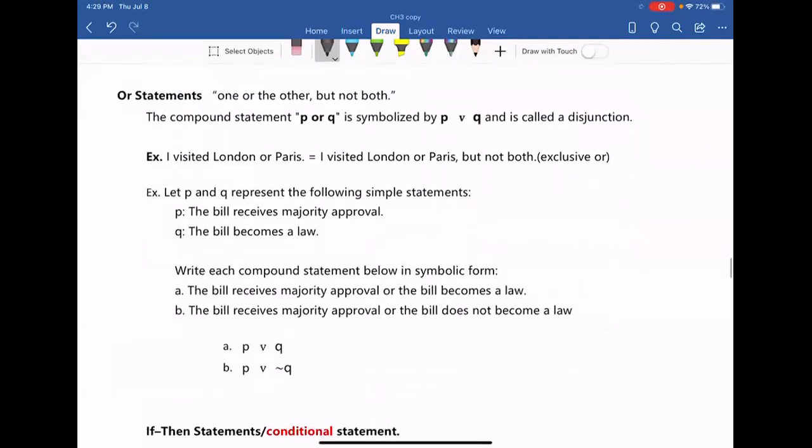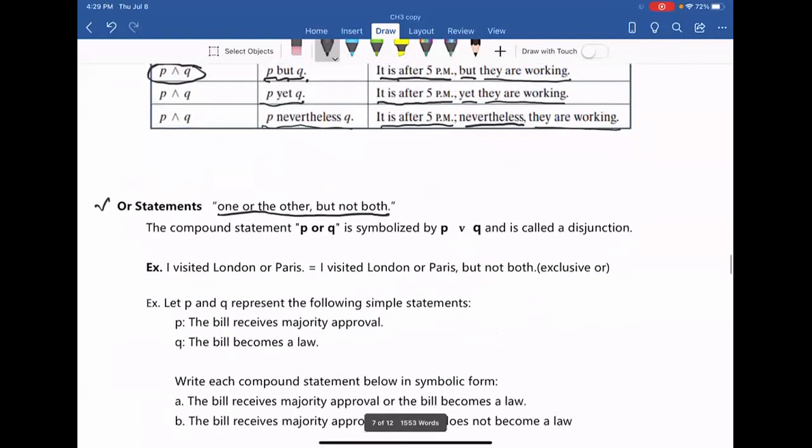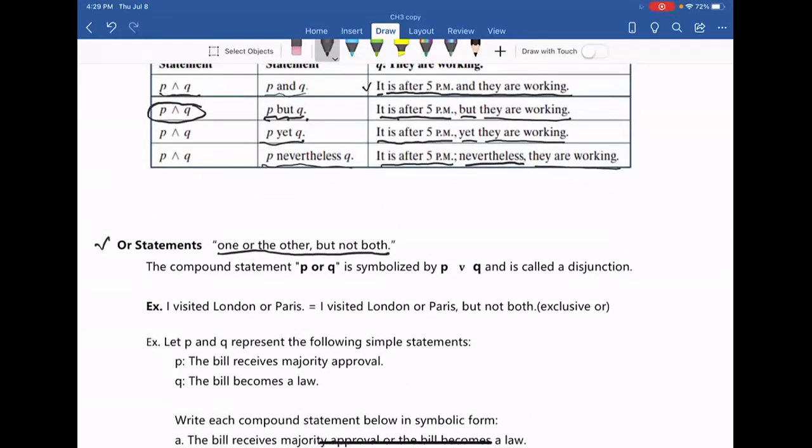Next, we learn about the "or" statement: one or the other, but not both. Actually, we learned about set A and set B, and A or B, which means all the shaded area.